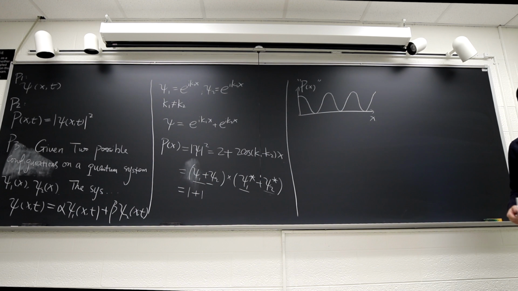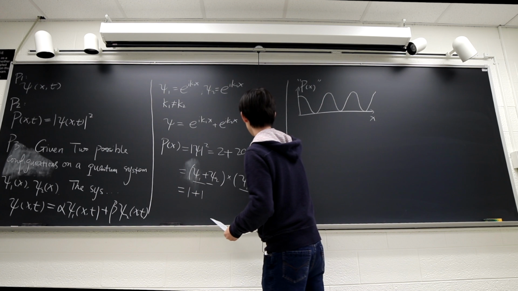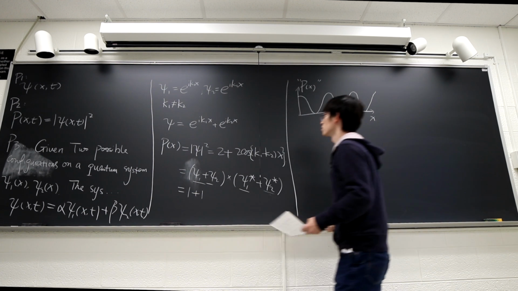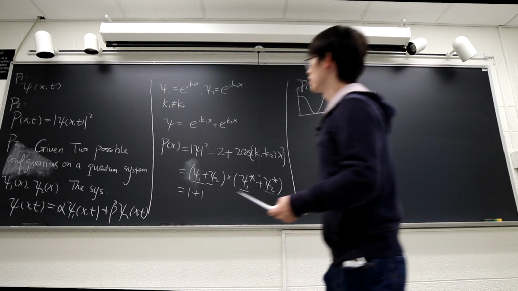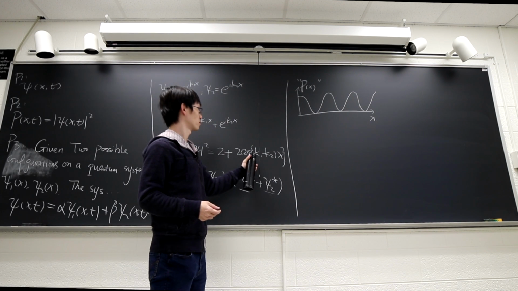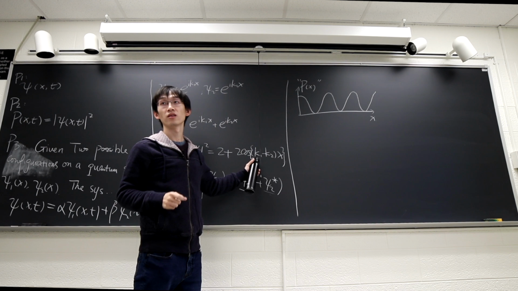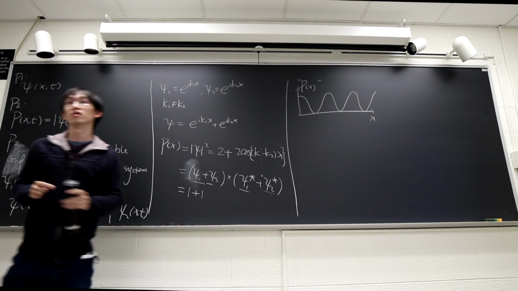And x is not an argument of the cosine, right? It is. It is? Yes. Whenever you calculate the probability, you always have to check that the number is a real number. That's why at the end we use cosine instead of e.